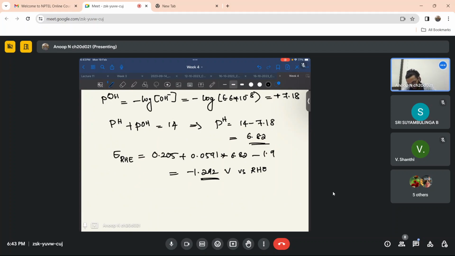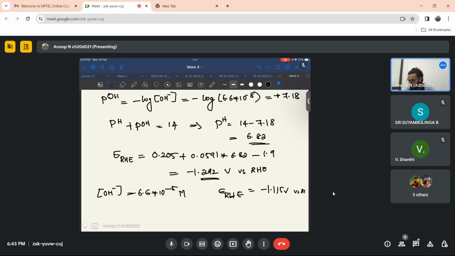Similarly, if I change the OH minus concentration to 6.6 into 10 raised to minus 5 molar, what will be the answer? What will be the E_RHE value? E_RHE will be equal to minus 1.115 volt.